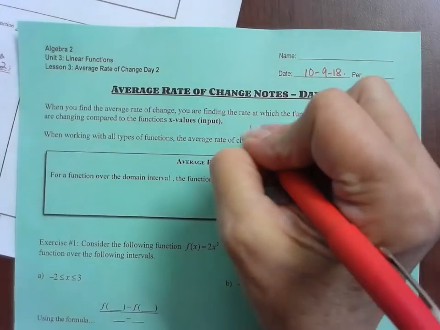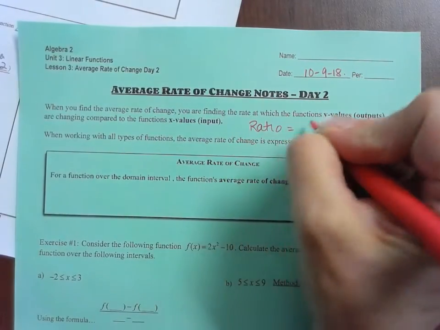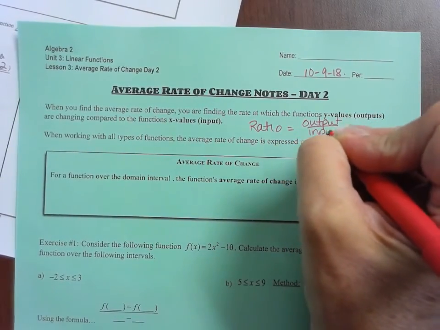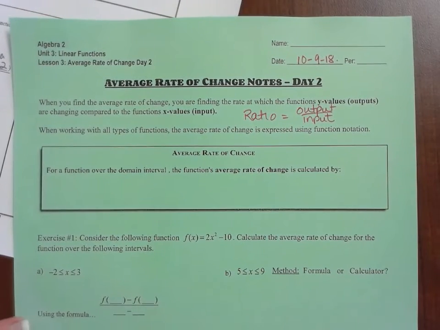So our ratio is our output over the input. That's basically all slope or average rate of change is.